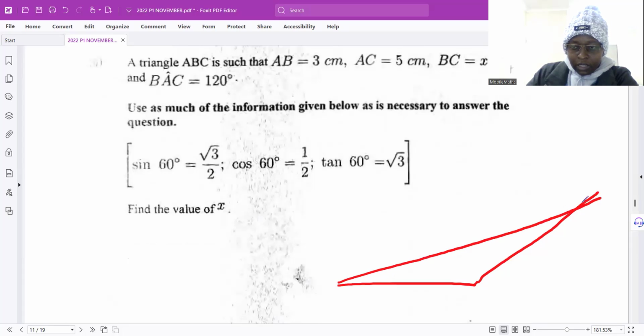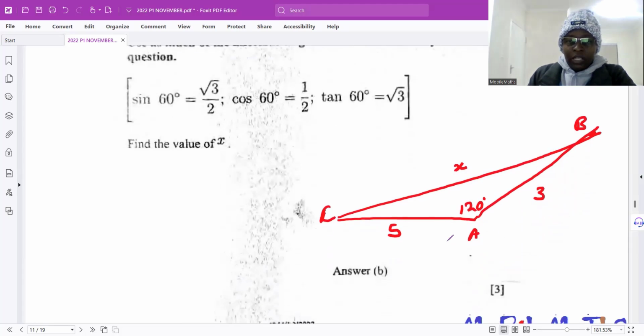I can have this as B, C, and A here. So this is 120 degrees. This is X, we don't know its side. AC is 5, and AB is 3.